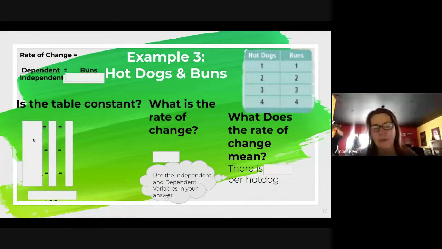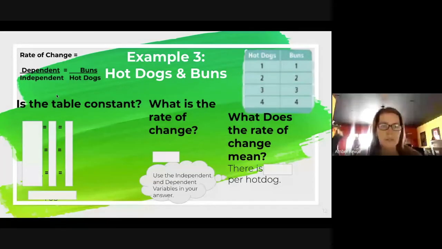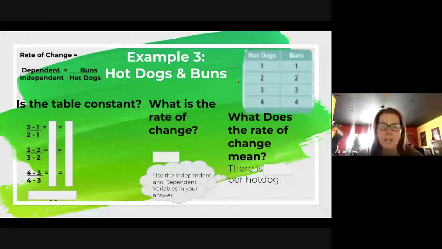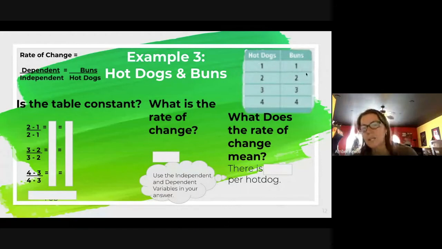So here, buns are dependent and hot dogs are independent. We've taken our information out of our table, and we're comparing when we go from 2 hot dogs to 1 hot dog, we are going from 2 buns to 1 bun. You'll notice that this is a 1-to-1 relationship, a 1-to-1 ratio, because generally when you get hot dogs, you want a bun for each hot dog.